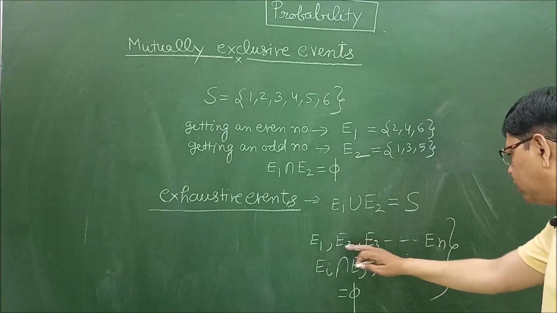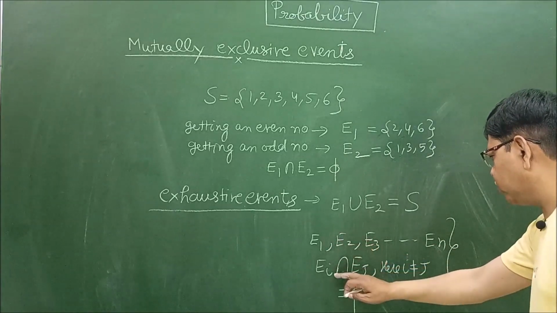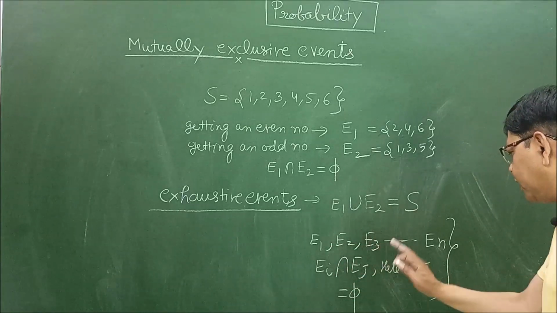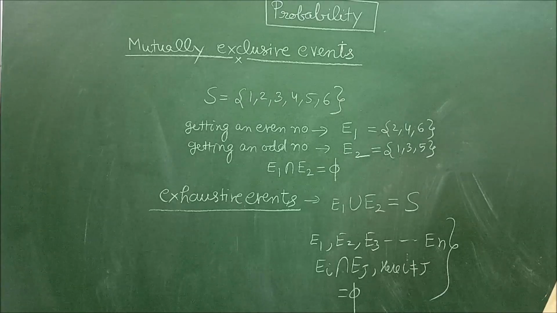and if E1 intersection E2 is phi, E2 intersection E3 is phi, then they can be said to be pairwise mutually exclusive.